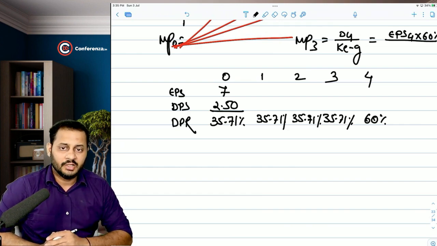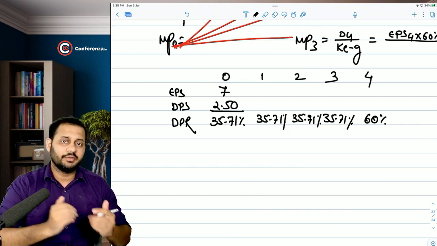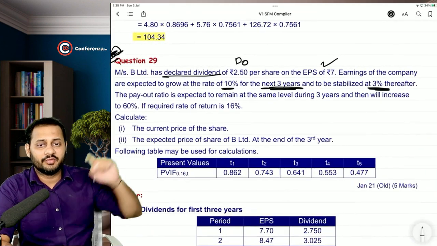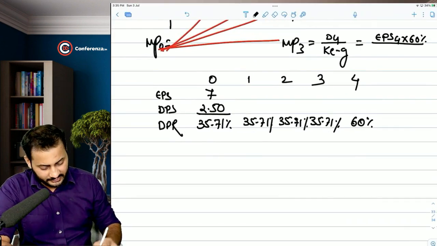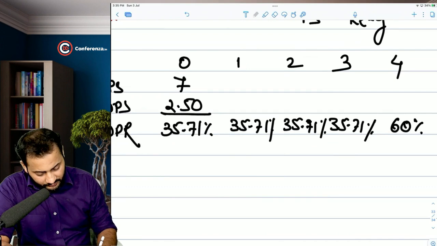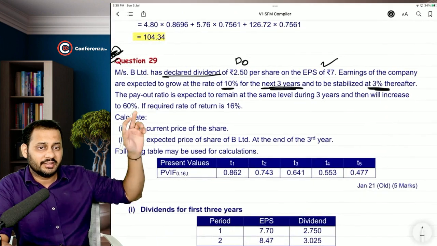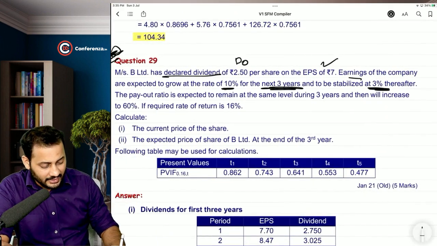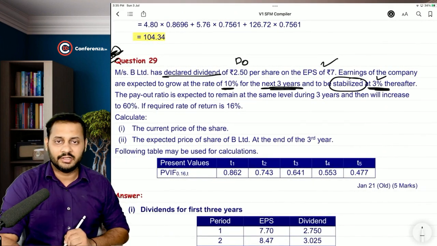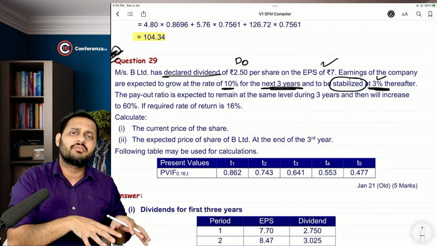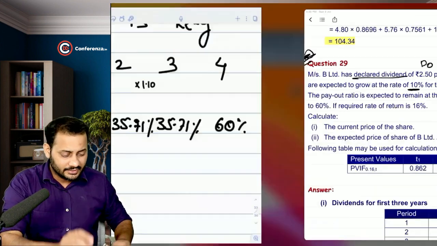That's okay. Then they say that earning per share is going to grow at a rate of 10% for the next 3 years. So if we do the calculation, we will have to multiply every figure with 1.10, with 1.10, with 1.10. But after 3rd year, they are saying that the growth rate will stabilize at 3%. It means there will be growth after 3 years, but it will be only 3%.